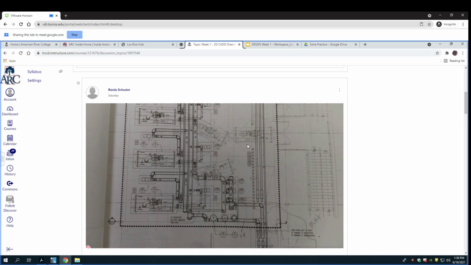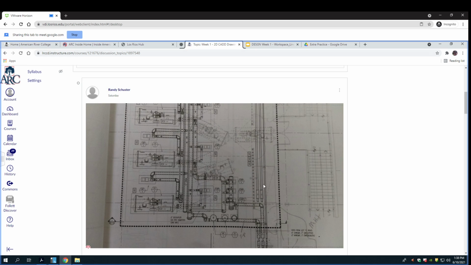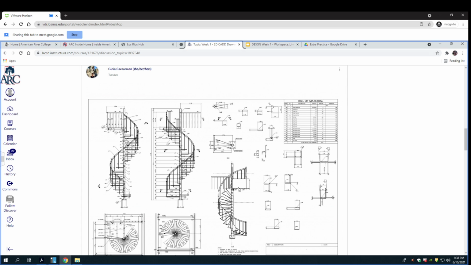By the time we're done with this class, if you want, you could do the majority of the piping in this building. Kind of cool. If you're into mechatronics, that might be something you'd be interested to do.